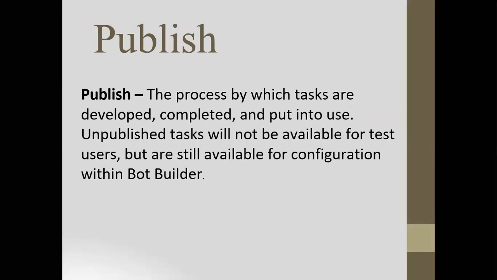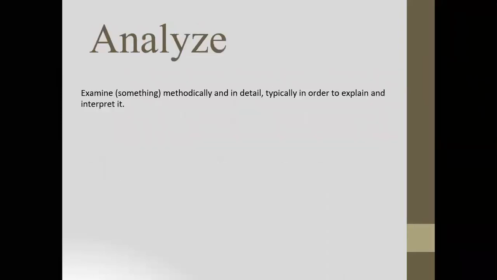Publish. How can you publish after creating the information? The process by which tasks are developed, completed, and put into use. Unpublished tasks will not be available for test users, but are still available for configuration within the bot builder. There is one option, bot builder, so you can use it and configure these things.